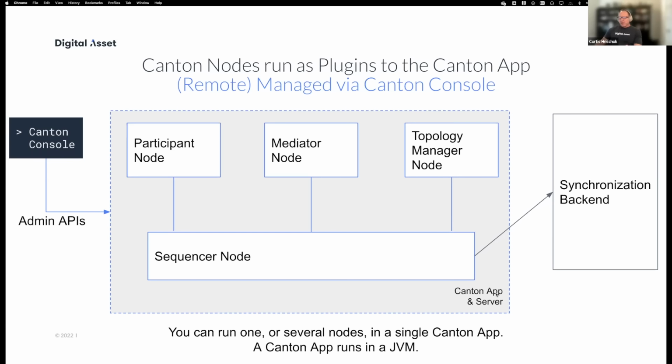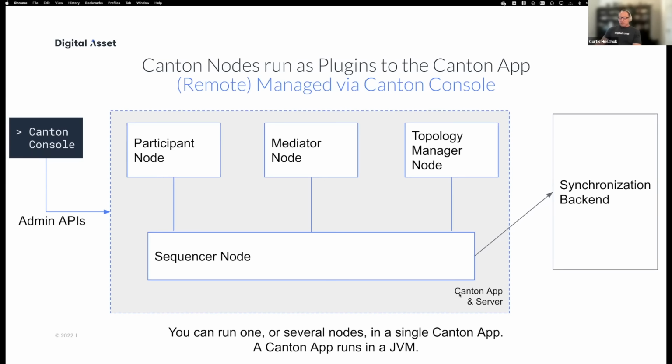Now, you might have noticed at this point, we've used this term node very loosely. We haven't defined it. And a node is not necessarily a bare metal server or virtual machine or container. Loosely defined, a node is a software object that is specified in a Canton configuration file. As you see in the picture, you can run as many nodes as you want in a single Canton application.